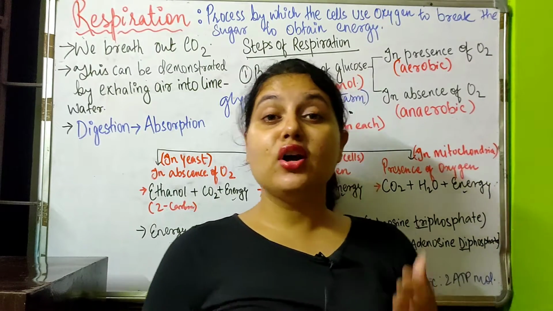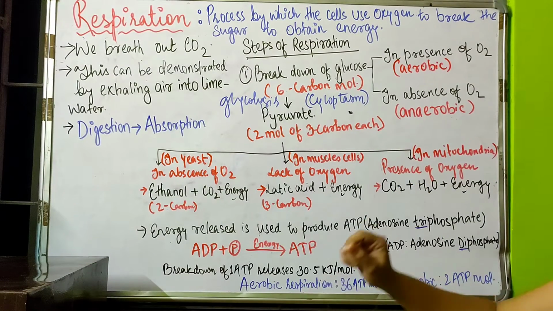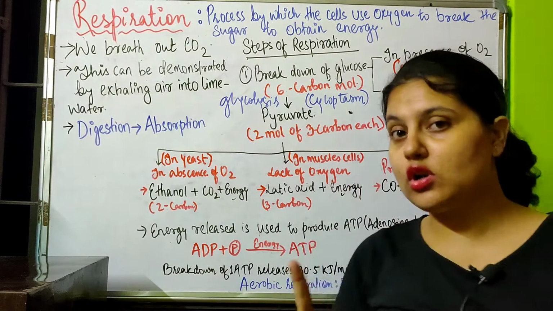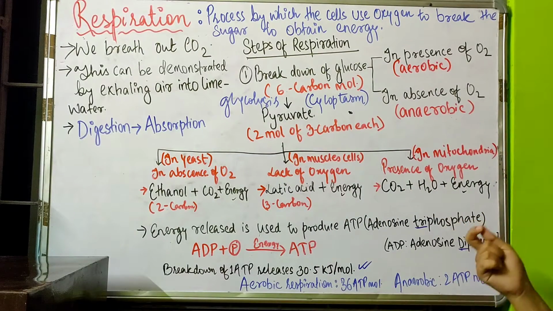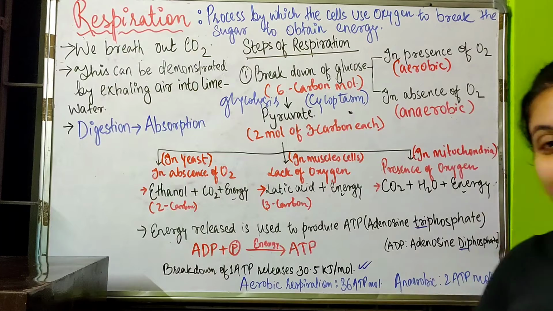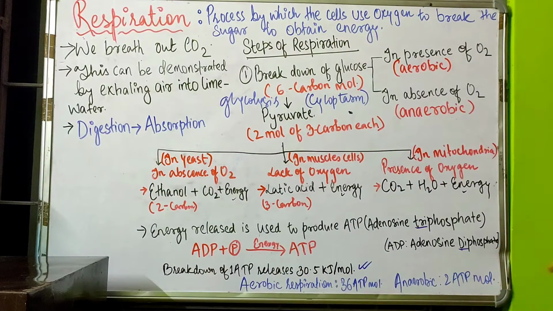You people might have a question, but the simple answer here is, in aerobic respiration, after breaking down of 1 glucose molecule, it produces 36 ATP molecules, and in anaerobic respiration, after breaking down of 1 glucose molecule, it produces only 2 ATP molecules.